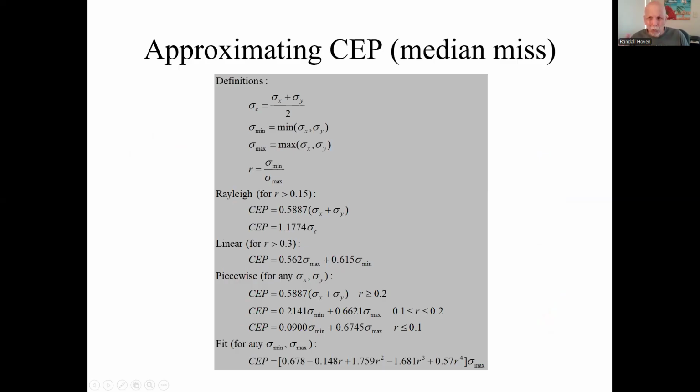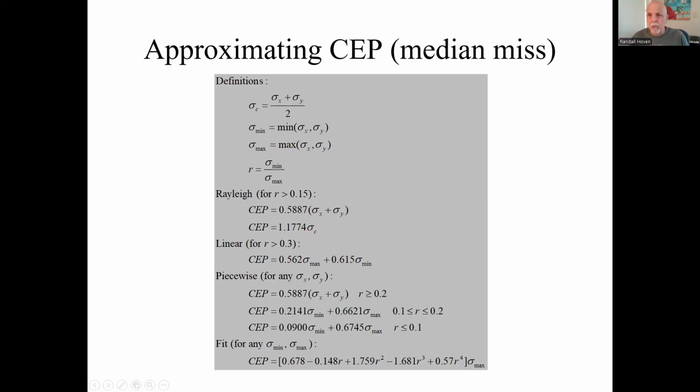Here are about 4 different ways to do the approximation. Let me concentrate on the Rayleigh here. Remember, if I had a true Rayleigh with all 4 assumptions holding, I got a CEP with this formula, at least approximately, where sigma was the sigma of both the X and Y distributions.